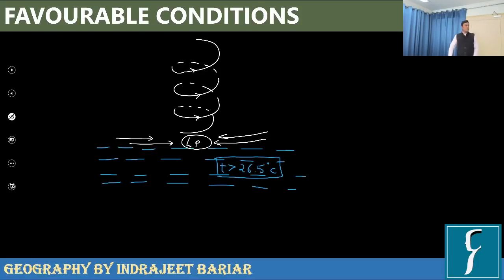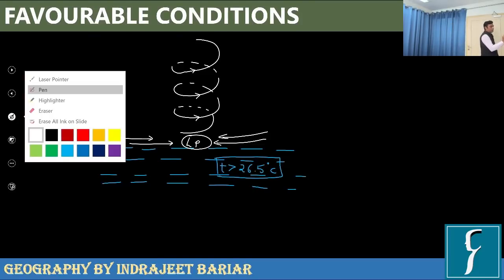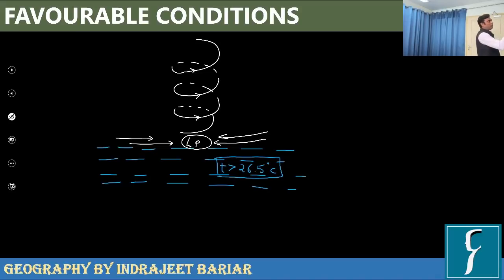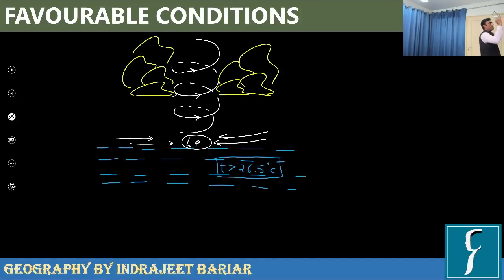Now, rising air will result in condensation, reaching the dew point. When the air rises, it is cooling, and eventually it will reach the condensation point or dew point, from where it will start forming clouds. Now, this air is very warm and has a lot of moisture, because this whole system is developing over oceans. So if it is very warm, plus it has a very high amount of moisture, it will result in huge vertical or tower cloud formation.